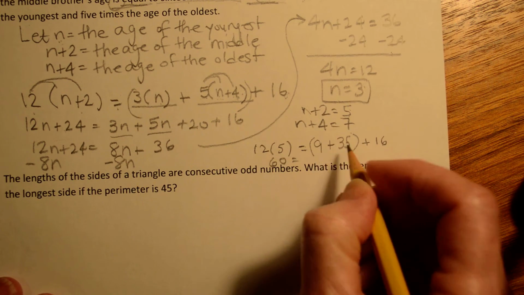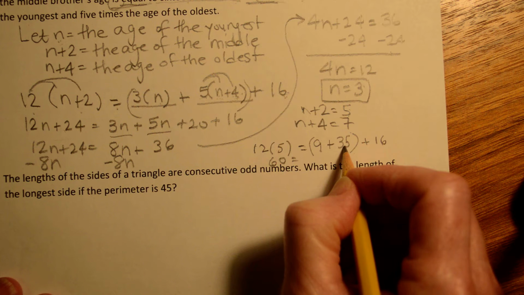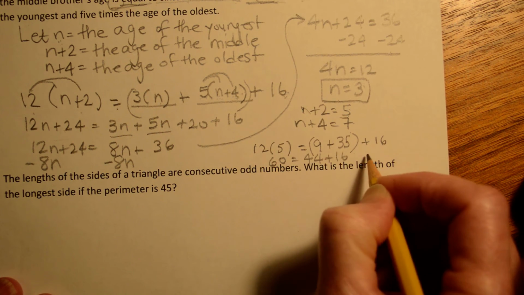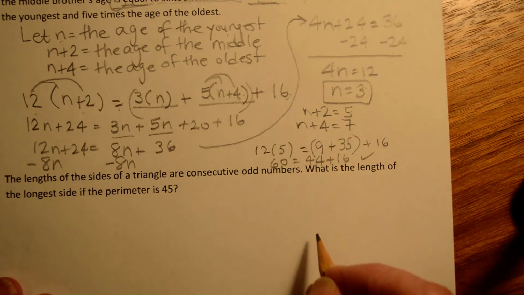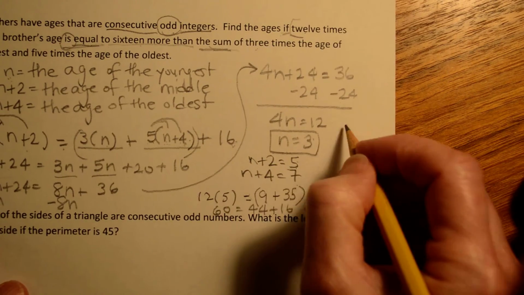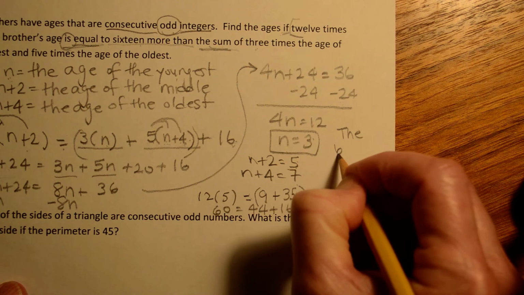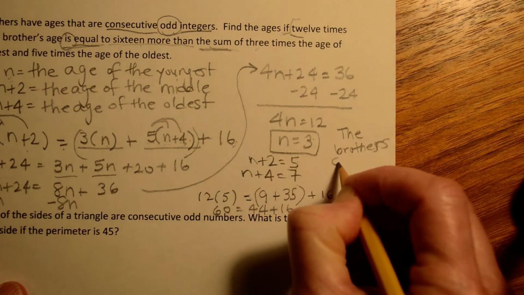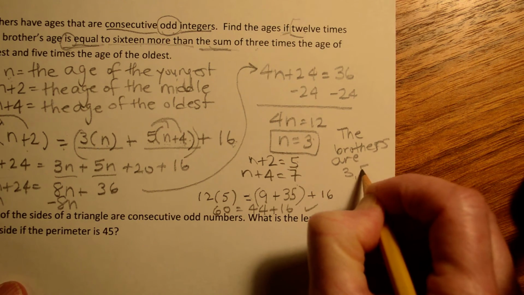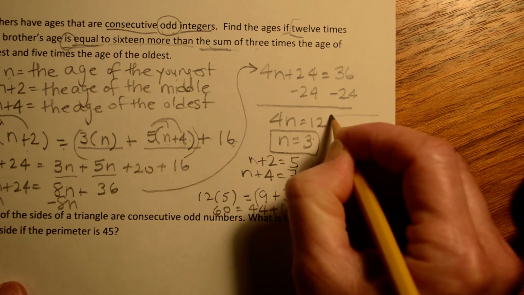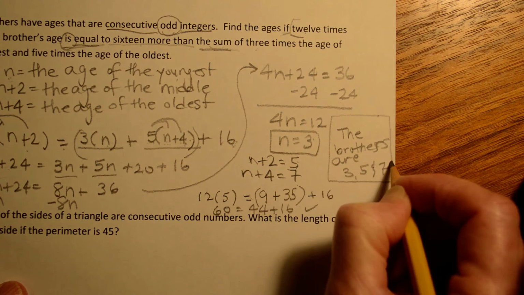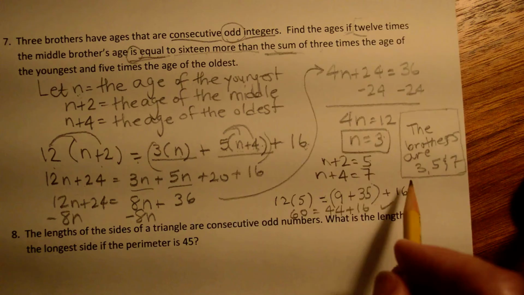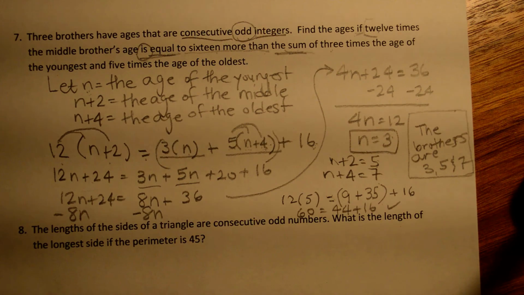Is that equal to, let's see, 9 plus 35 is 44, and 44 and 16 is 60. Yeah, so that does work. All right, so the brothers are 3, 5, and 7. It would have been a lot easier if they'd just told us that, but it was a little bit more interesting to see that we could figure that out based on the statement that they gave us here.